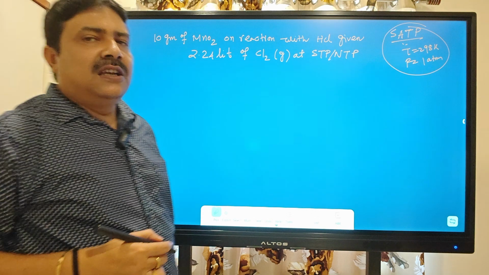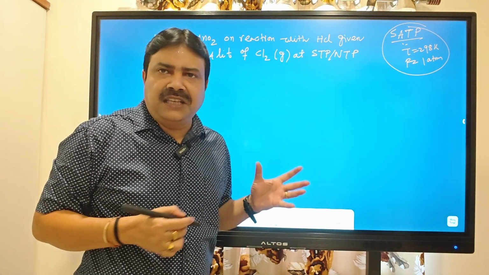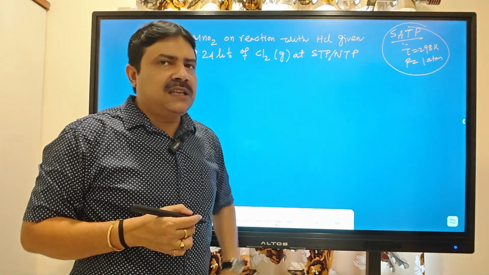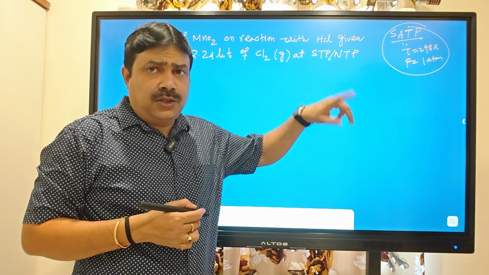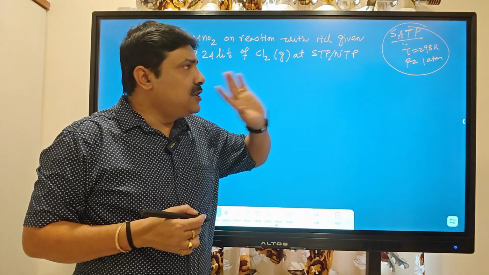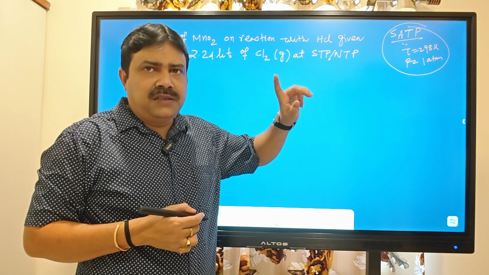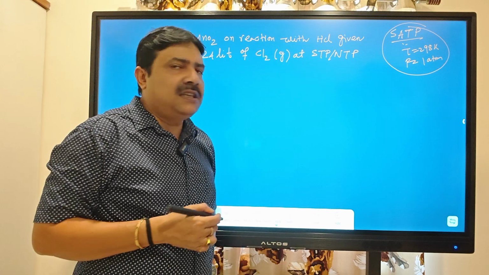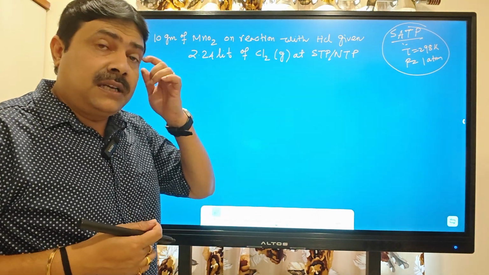Generally room temperature is nearby 25 centigrade. Centigrade to Kelvin conversion means centigrade plus 273 equals Kelvin. So that's why 298 Kelvin. And then pressure is 1 atmosphere. So that is called SATP conditions.